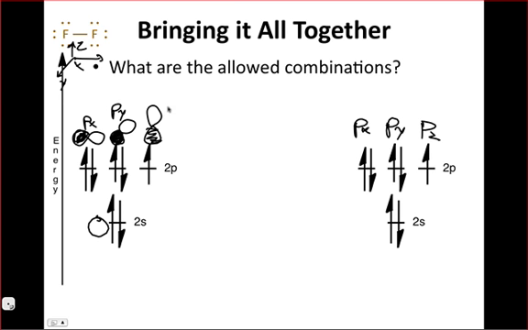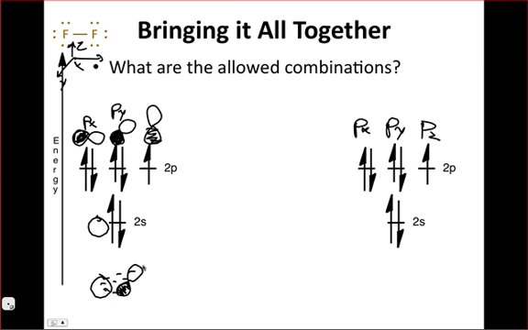Well, what we want to consider here is to make sure that we're not combining 2 orbitals that are a disallowed combination. So for instance, 2s with the 2py is a classic example of a disallowed combination. So as these 2 orbitals approach along the internuclear axis here, there's equal parts constructive and destructive overlap.